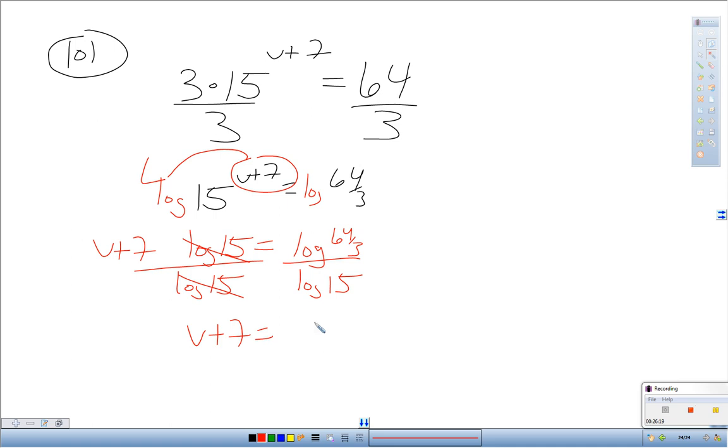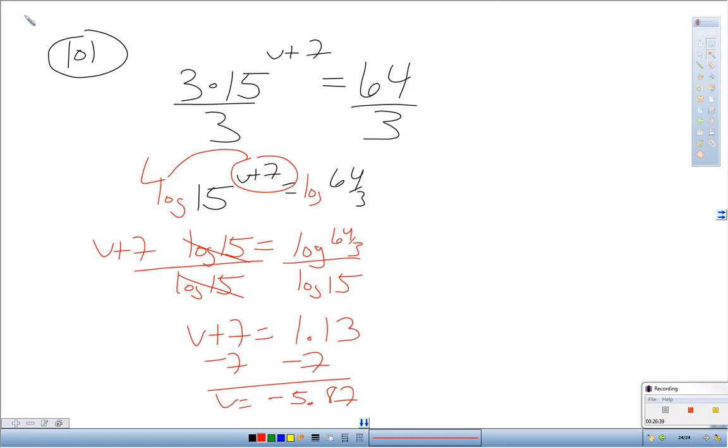Now, I'm going to type this into my calculator, log of 64 over 3 divided by log of 15. That gives me an answer of 1.13, and then I'm going to subtract 7 from that to get my final answer, which is negative 5.87. And that will be my answer for number 101.